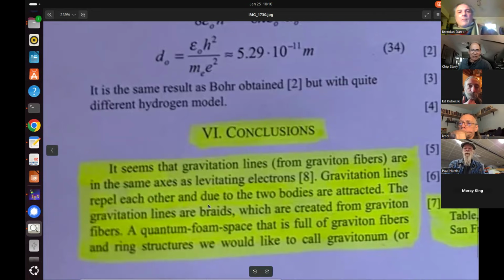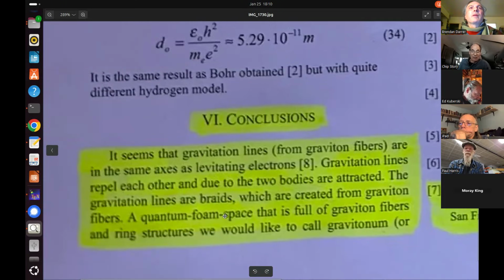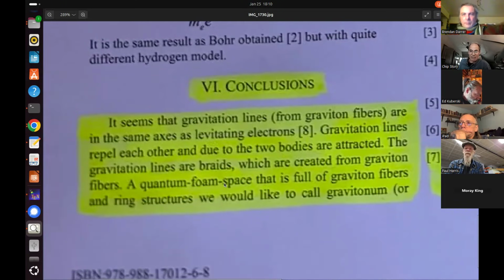Okay, so conclusions. Did you have something, Ed? I was just going to say that this model does show that essentially, right? Yeah. All right, conclusions. It seems that gravitational lines from graviton fibers, we saw that in the figure, are in the same axes as levitating electrons.